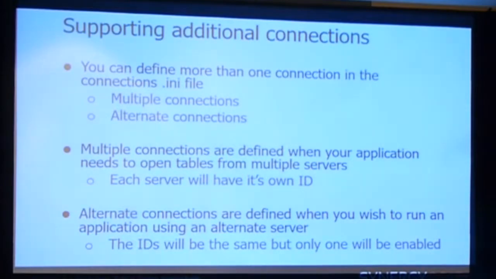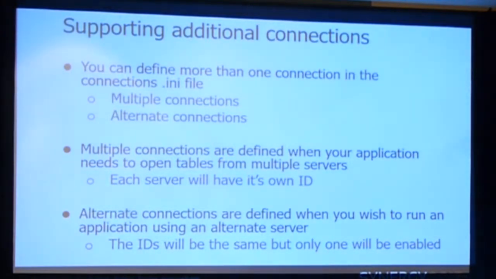Or you may want to take all your data, duplicate it, move it somewhere else, and then use that server and then go back and use the other server. The original idea was, if you want to do that, just go into your managed connection manager and change the connection, then change it again when you want to go back to the other one.